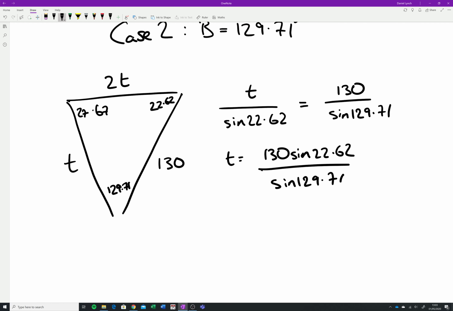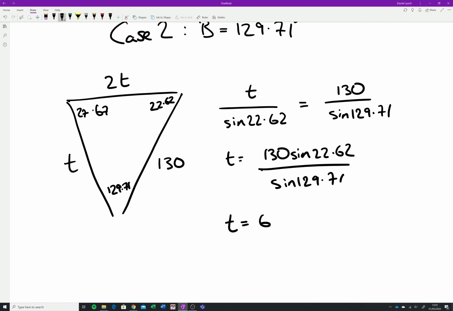If you still have it in your calculator, that would have been handy, but I don't. So 130 sine 22.62 over sine 129.71. Press equals, and this one takes us 64.99 seconds. I'm going to say 65 seconds. And there we go.